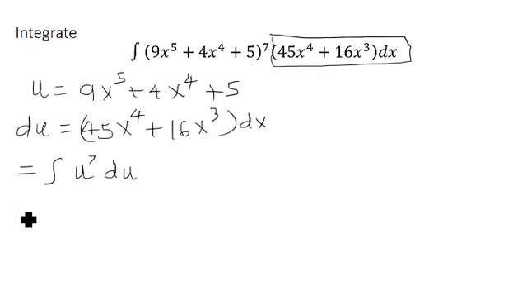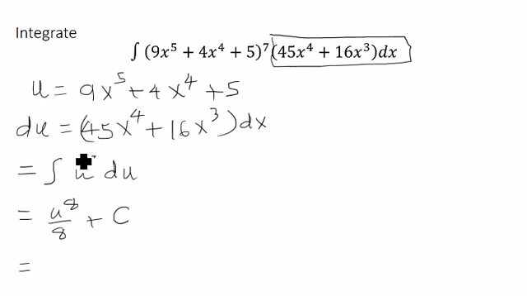We're going to use the power rule here. So the integral of u to the 7 is u to the 8 over 8 plus a constant c, where c is a real number, the constant of integration. And that we can now back substitute.